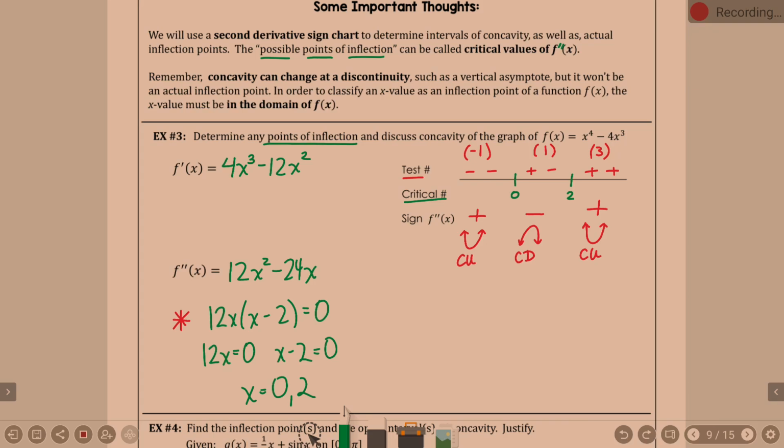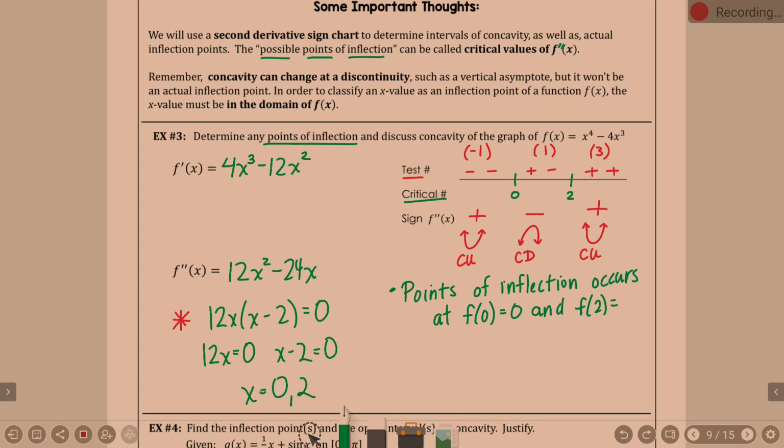So what I would say there is that we should probably give the whole point. So I'm going to say points of inflection. 0, 0, and you plug it in the original.